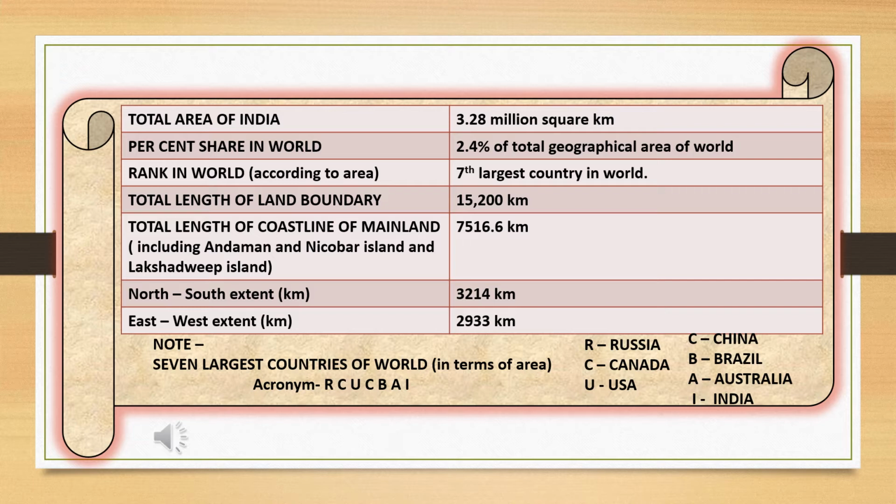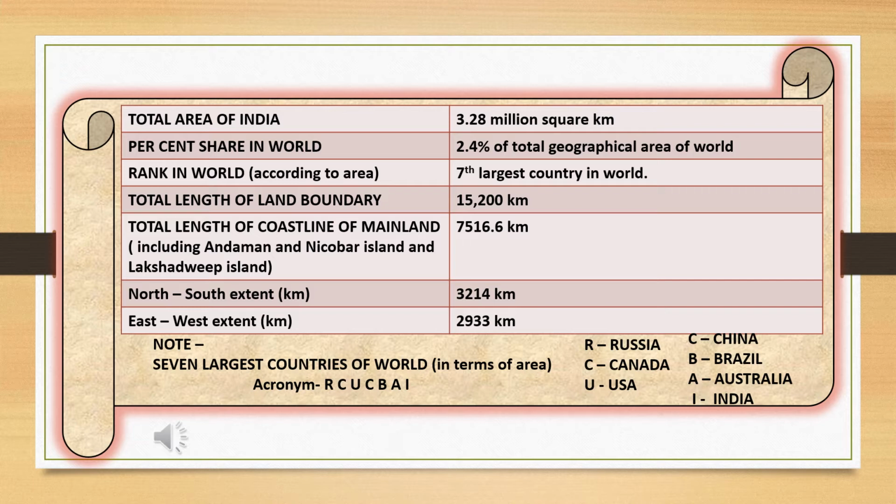Now, if you'll move from northernmost point of a country to the southernmost point of a country, the distance you will be traveling in kilometers is 3,214 kilometers. Similarly, if you'll go from the easternmost point to the westernmost point of a country, you will be traveling 2,933 kilometers.